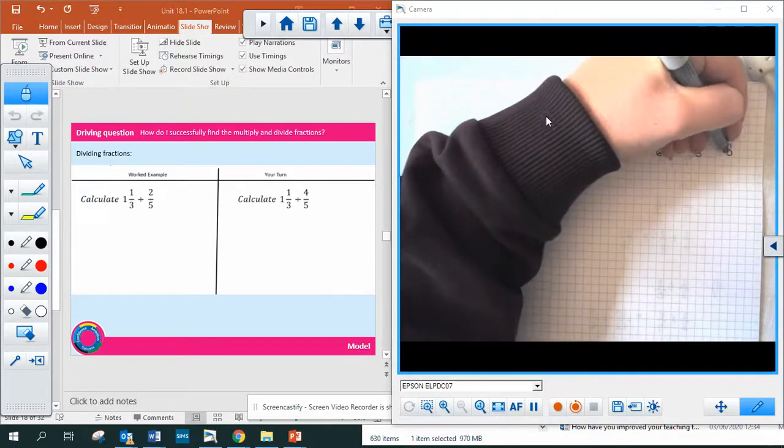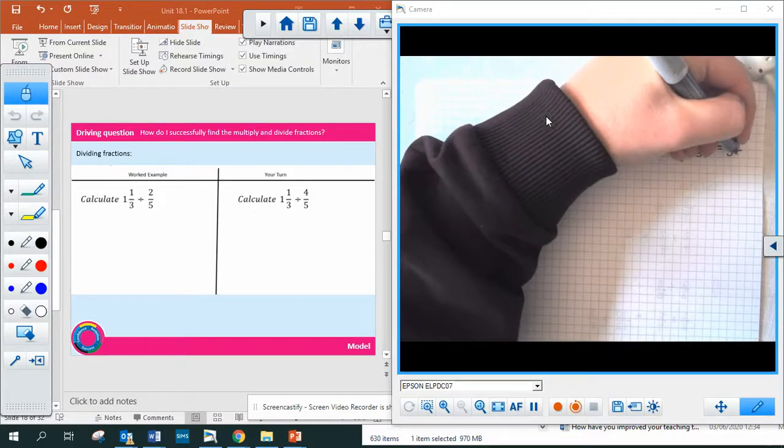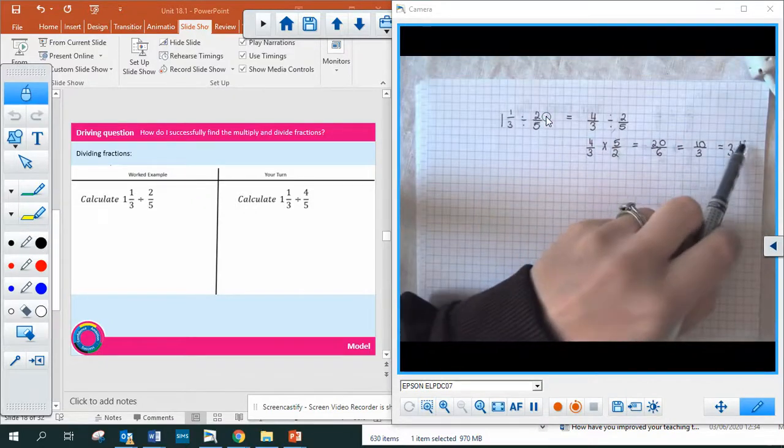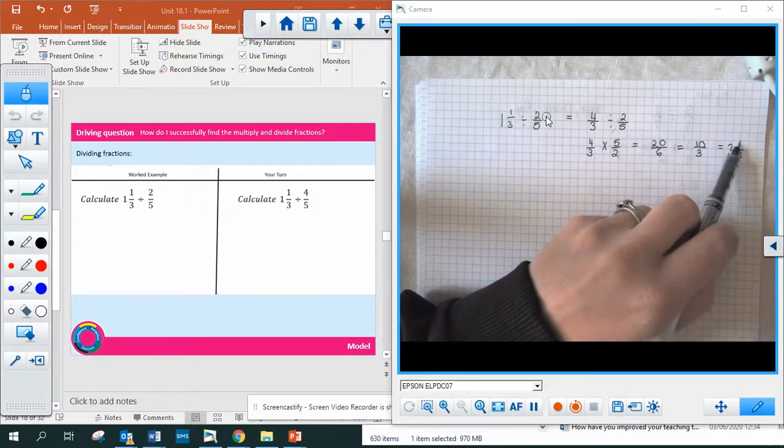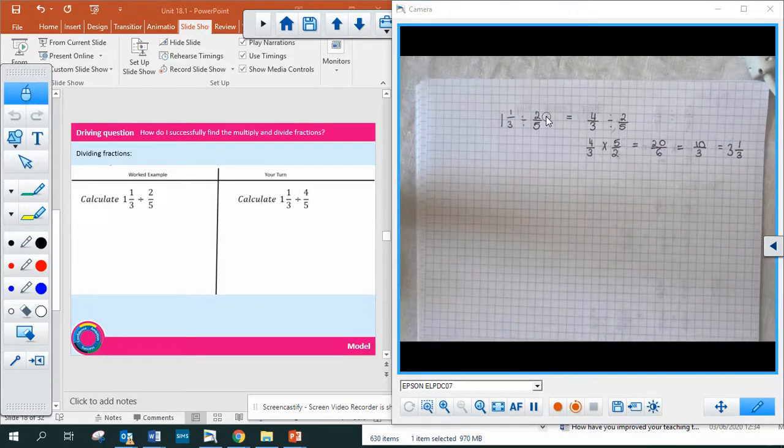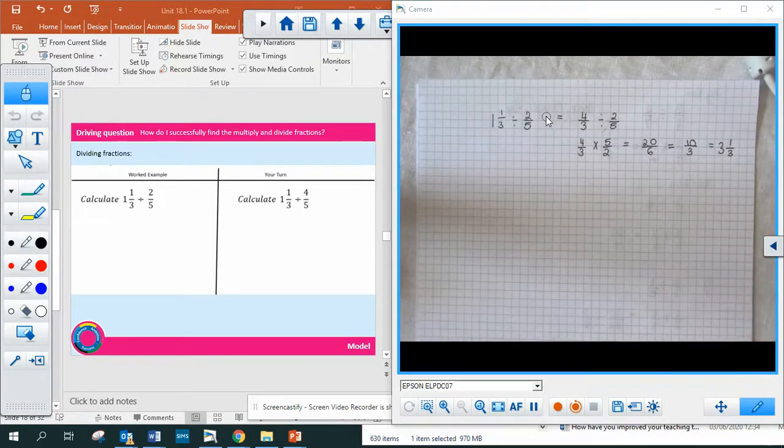Well, 3 do, with 1 remaining. The 3 becomes my integer, the remainder becomes my new numerator, and my denominator stays the same. So either of those answers would be fine because it hasn't specified how they want you to leave your answer. Okay, so please pause the video, have a go at your turn, and then play when you're ready to go through the solution.